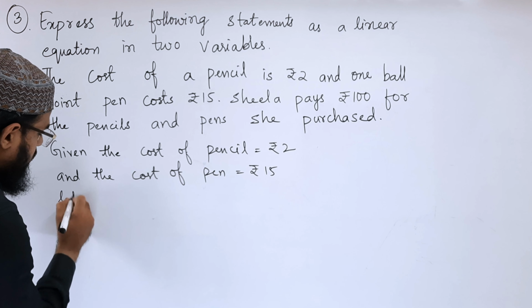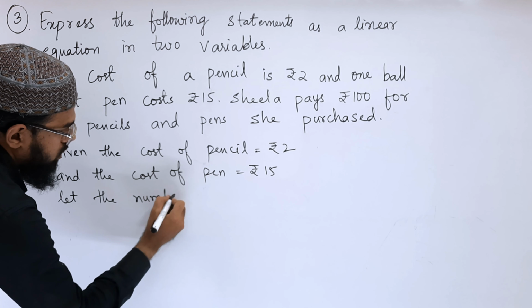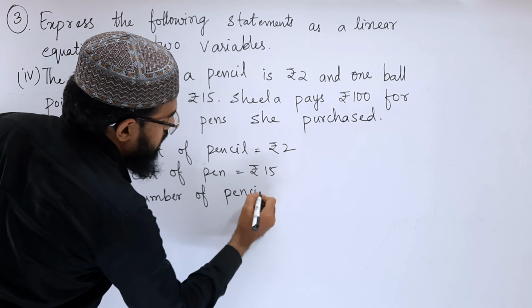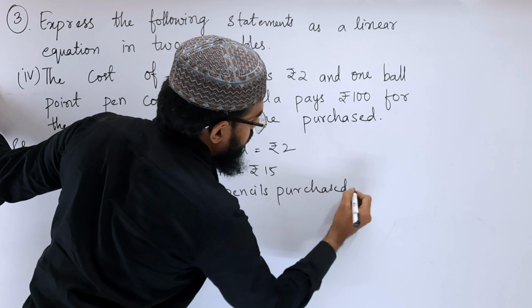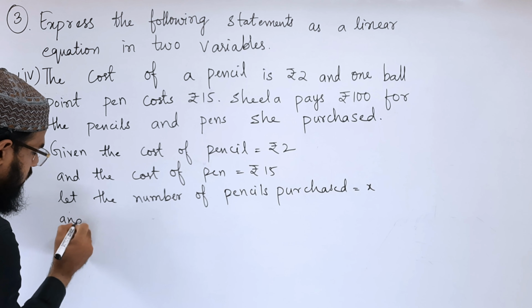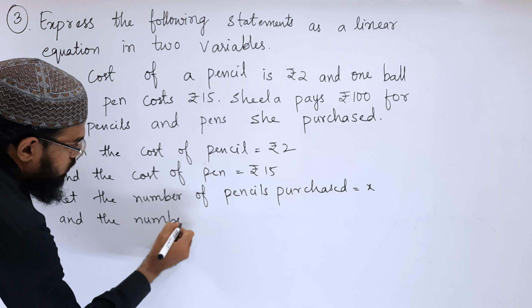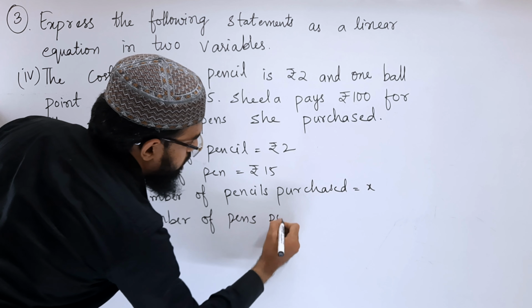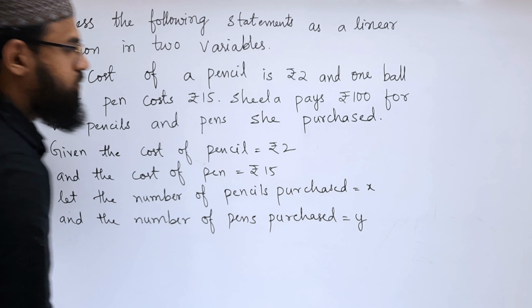So let the number of pencils purchased is equals to x, and the number of pens purchased is equals to y.